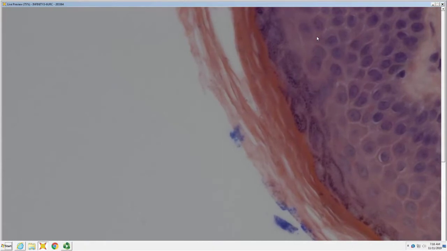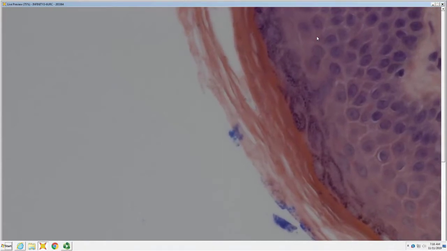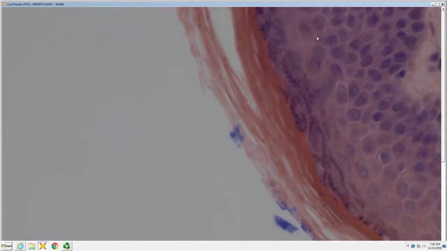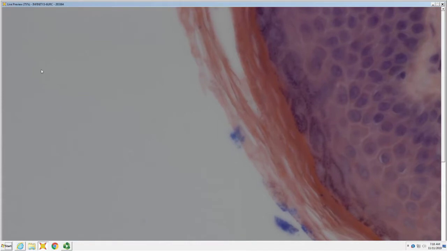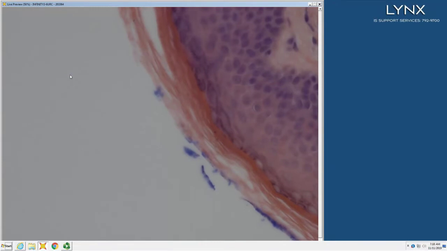So let's see if we can get our pointer going here. So you can see them right in there and right here. Actually, still online, we're not seeing them at all. The 50%.